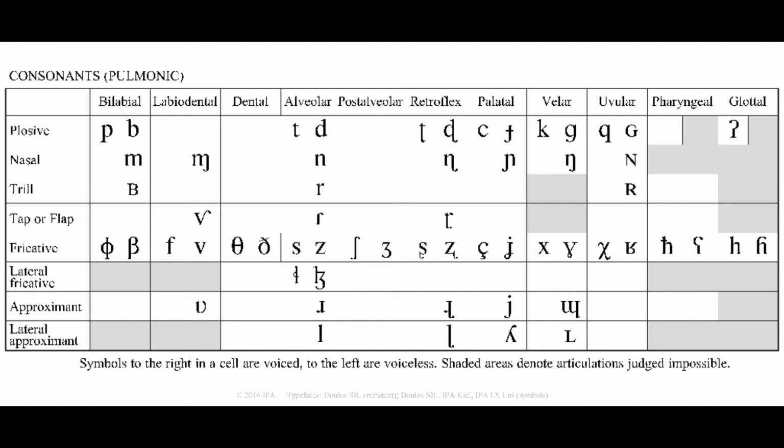Nasal is a manner of articulation that produces the sounds ng, n. Trill produces the sound r, r, r.